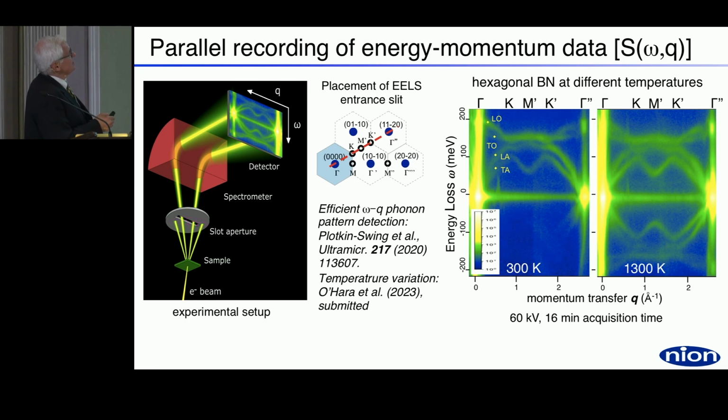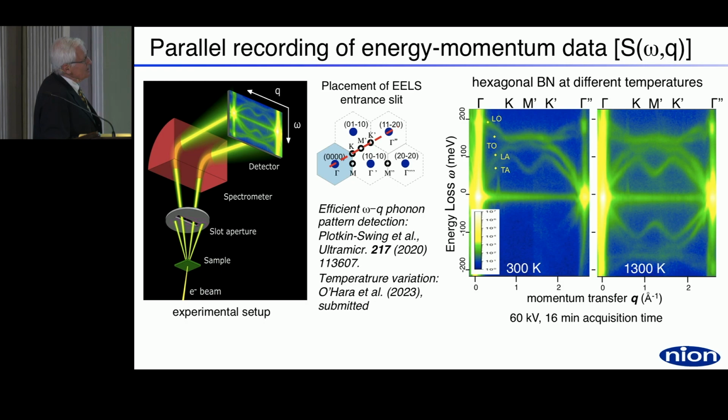So you can relate it to the Brillouin zone diagram with points like K, M prime, K prime, gamma point. There's an X point somewhere around about here. And if we do a line profile like that, we get a two-dimensional pattern on the detector of the yields.